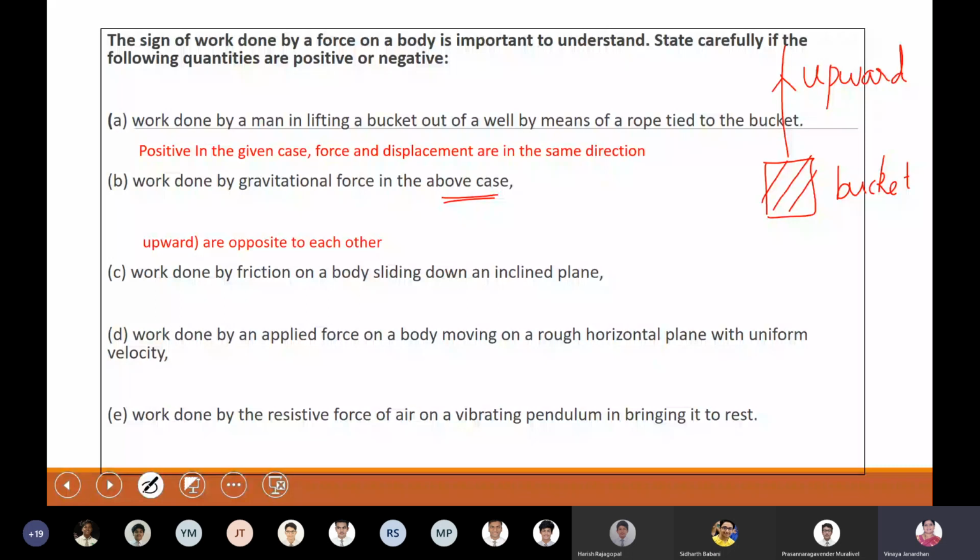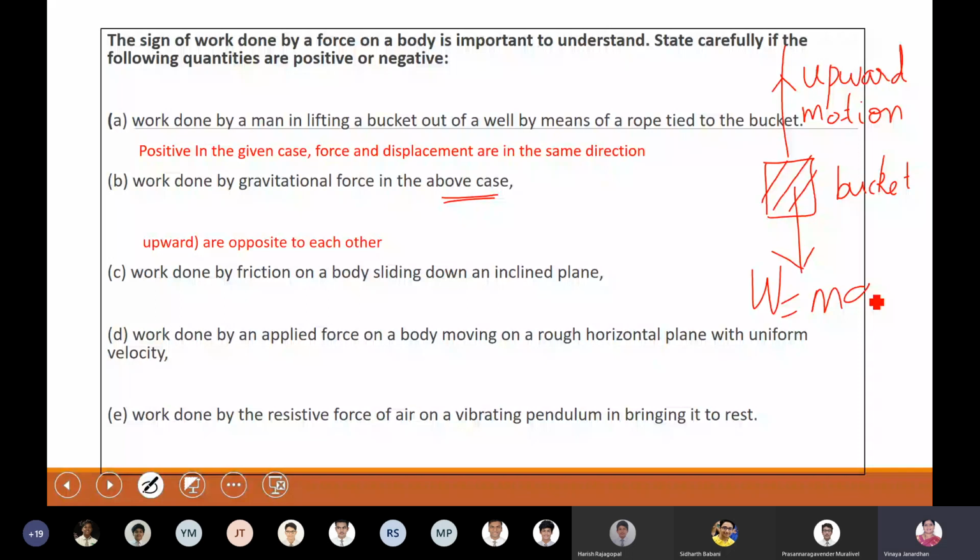This is the upward motion, right? In which direction is the gravitational force acting? The weight of the body is your gravitational force. In which direction is the weight of the bucket acting? Vertically downward. You understand, boys?